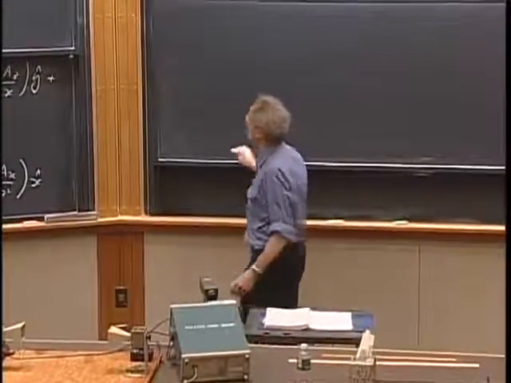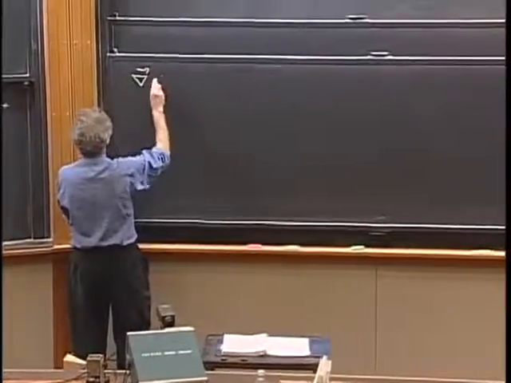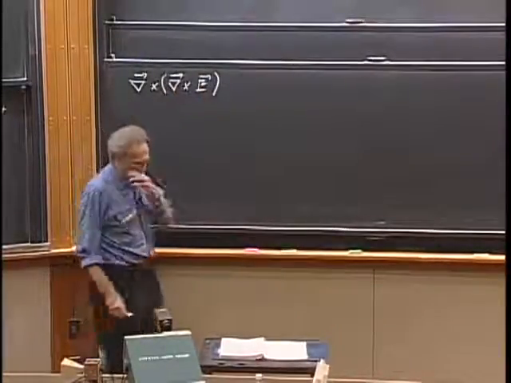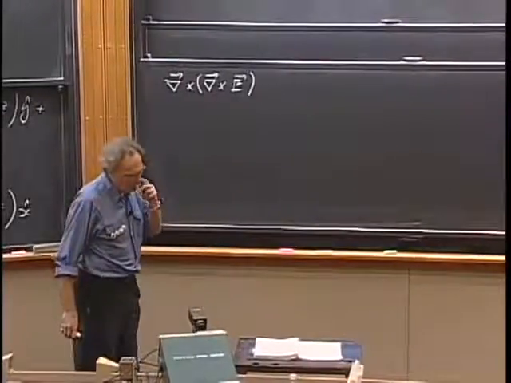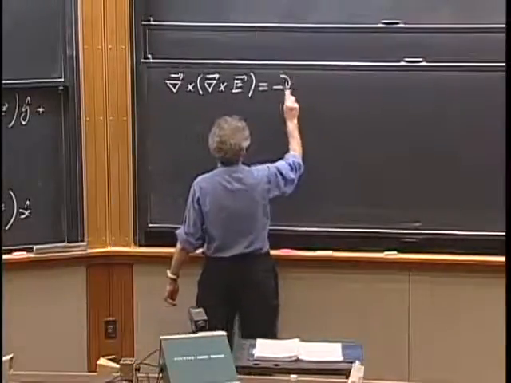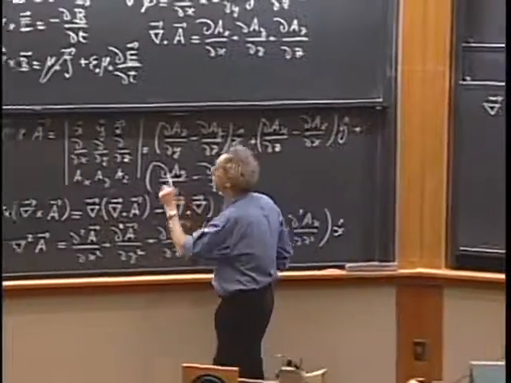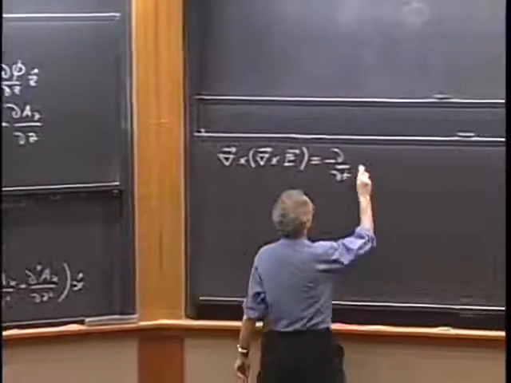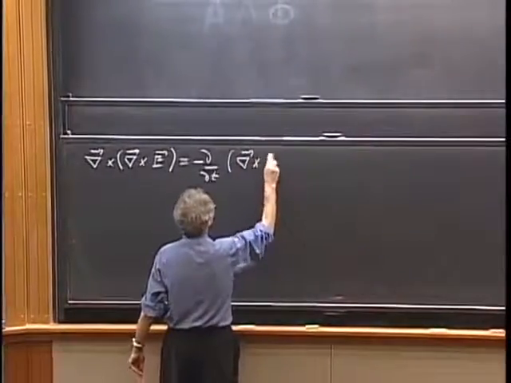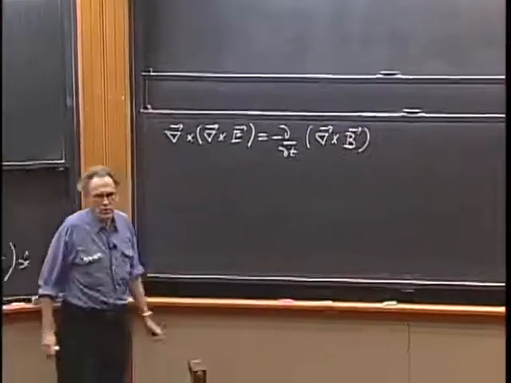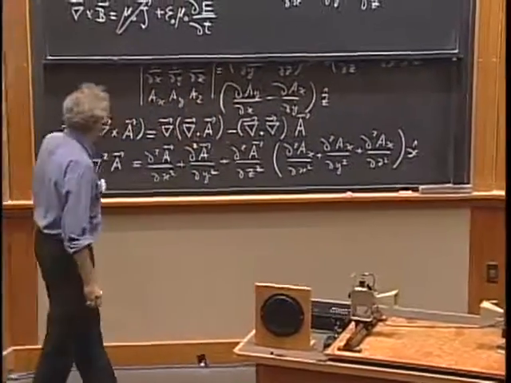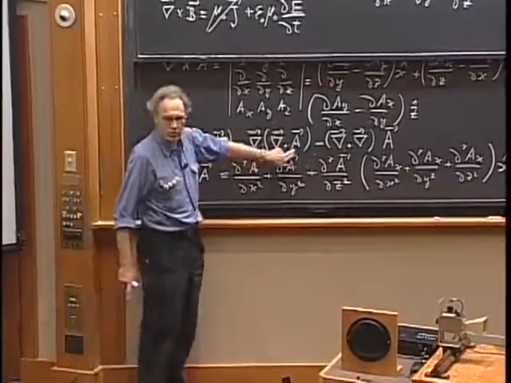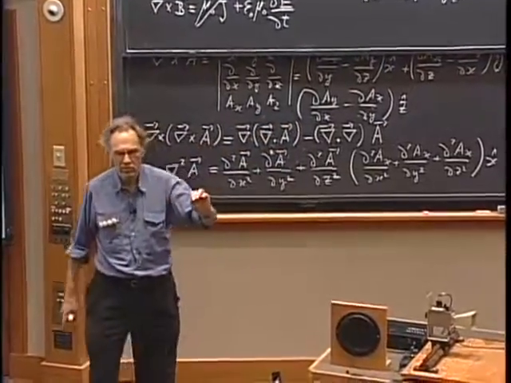So what I'm going to do now, I'm going to take the curl of E, and I know that the curl of E is minus dB/dt, and so that is minus d/dt times the curl of B. Now I use the only thing that we should remember, and that is this identity, that the curl of the curl of A is the gradient of the divergence of A minus the Laplacian of A. But the divergence of E is 0 in empty space.